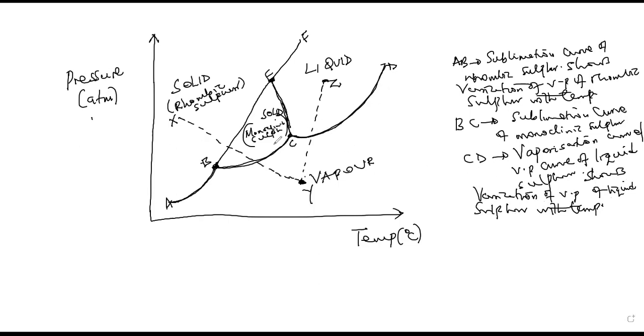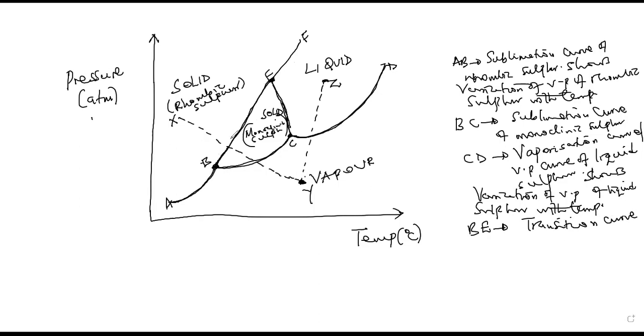Now we can go to BE. This BE is what we call the transition curve. BE is a transition curve.